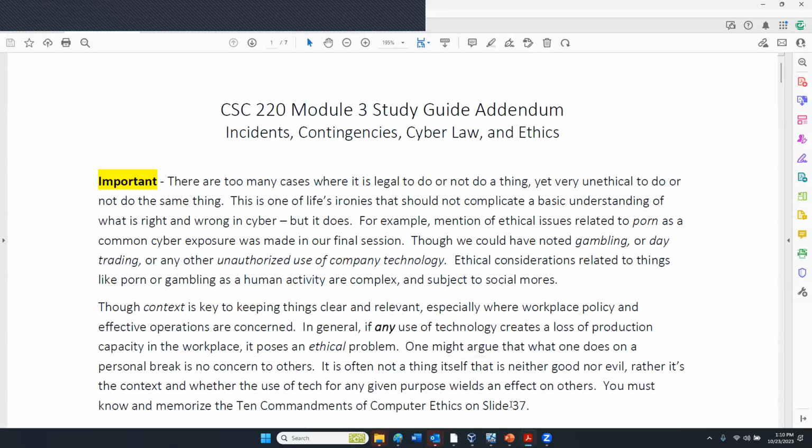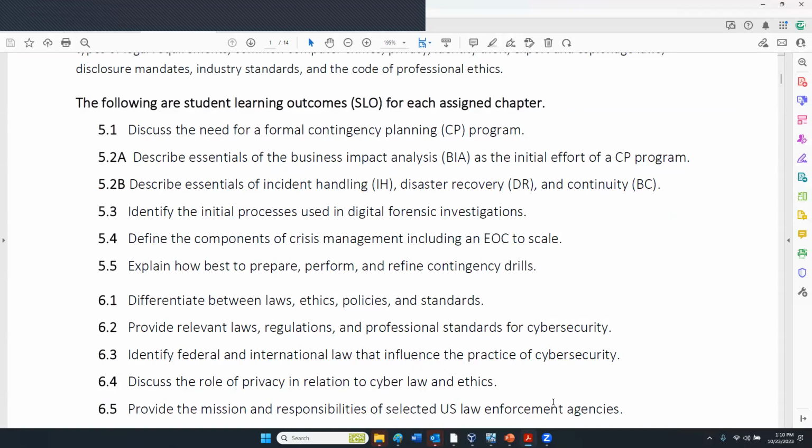So as you begin working in our third module, we want you to be able to discuss or explain the need for formal contingency planning, right? When you have incidents, there are times when, depending on what presents in the incident, the pattern of events, you'll need to have a contingency about how to respond, especially if there are legal implications, right?